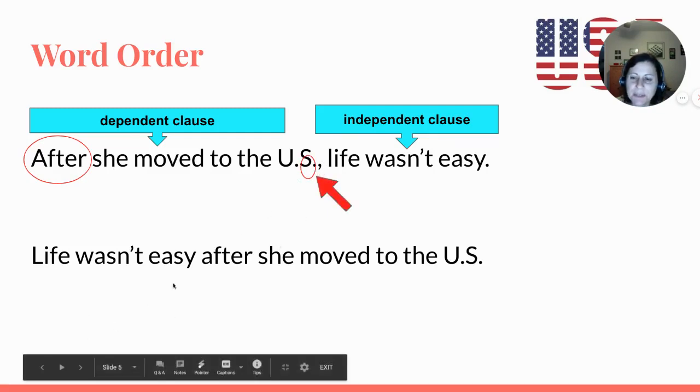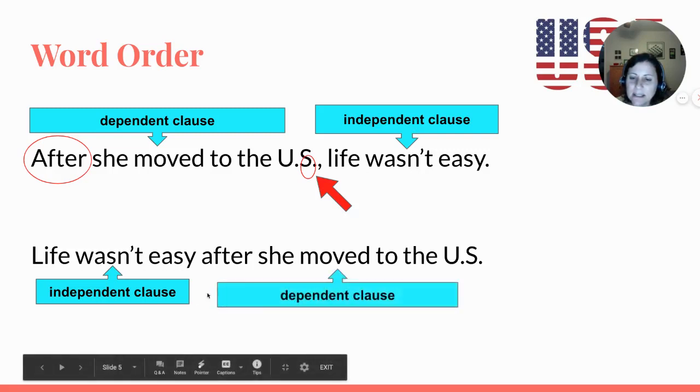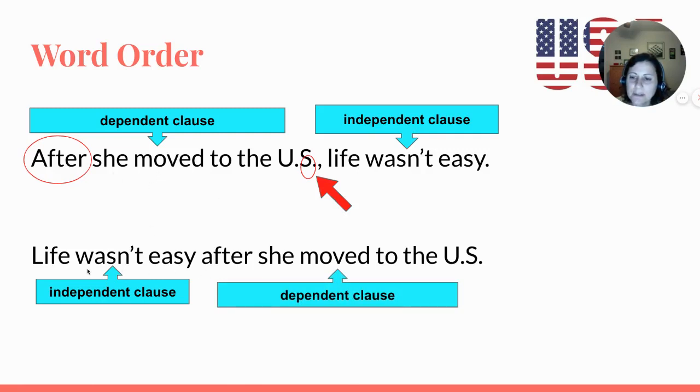Sorry, this circle should be over a little. What you can do with these types of clauses is you can bring the independent clause at the beginning, life wasn't easy, and then have your dependent clause come after. Life wasn't easy after she moved to the US. So you can kind of switch the clauses. And they're both correct. It just depends how you want your text to flow.